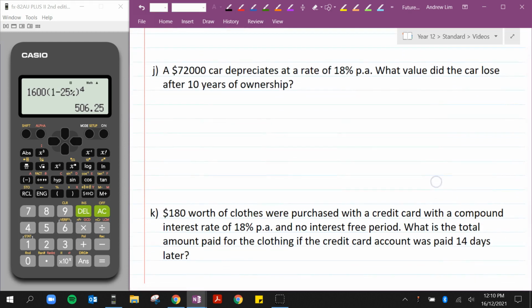Right, question J. A $72,000 car depreciates at a rate of 18% per annum. What value did the car lose after 10 years of ownership? Depreciation, a percentage. I know I need to use this formula, V0 times 1 minus R to the power of N. So 72,000 is V0.